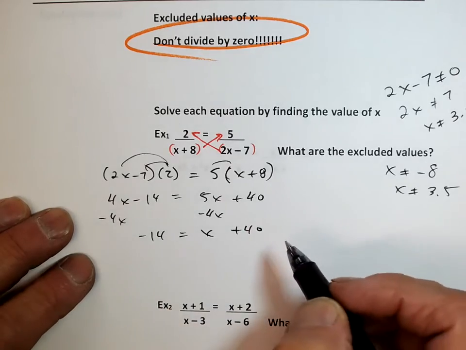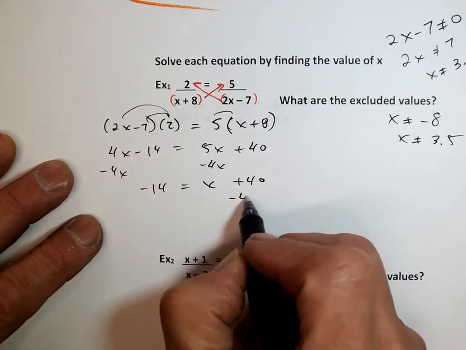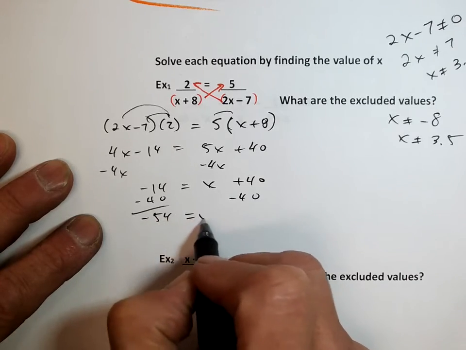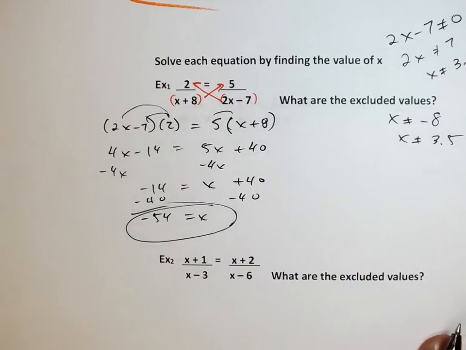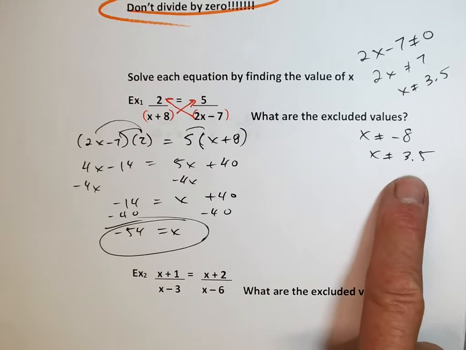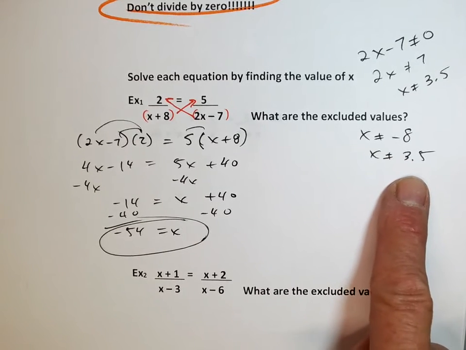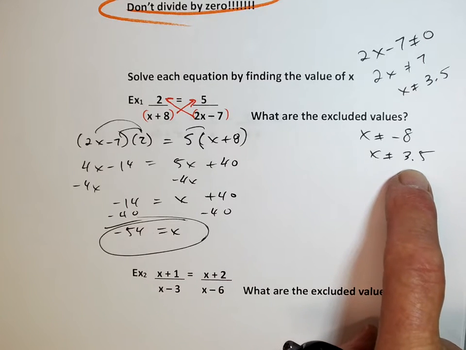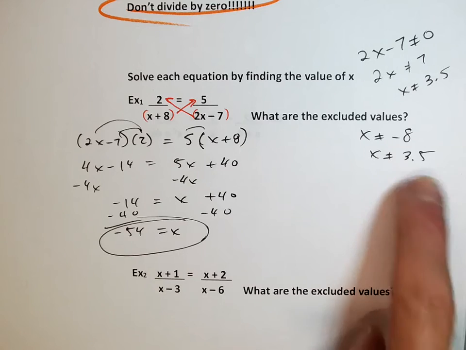Minus 40 minus 40. I get a negative 54 equals x. What x can't be is -8 or 3.5. I'm good. That's a good answer. Okay? Thumbs up? Okay, that was not too bad, right?